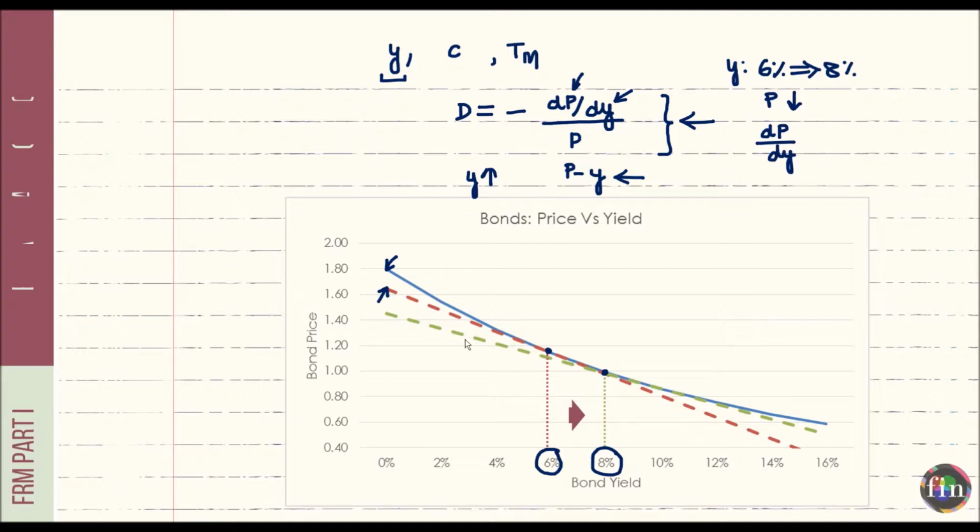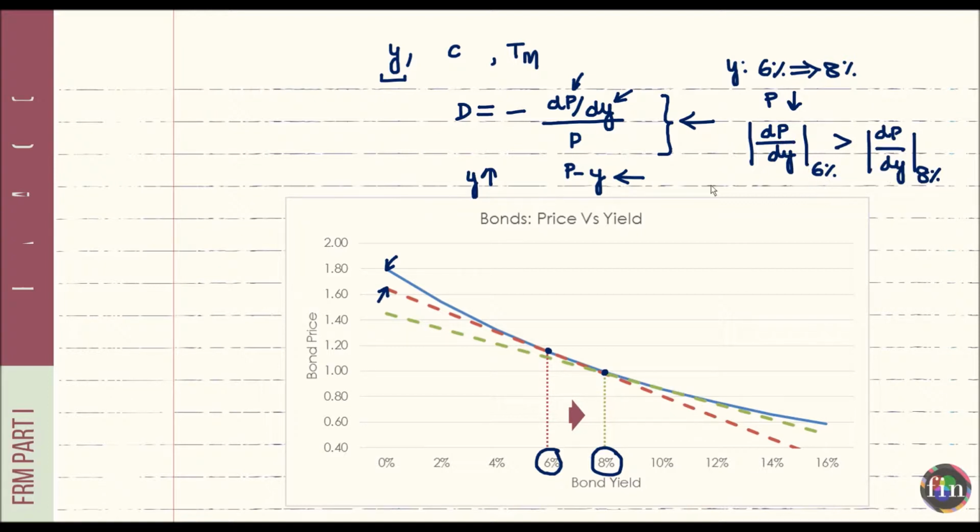It was more negative at 6% and now it is less negative. So the magnitude of the slope at 6% was greater than the magnitude of the slope at 8%.